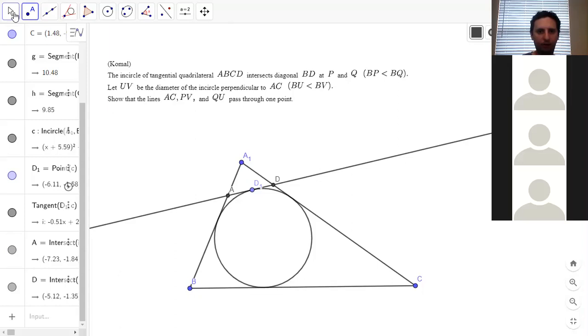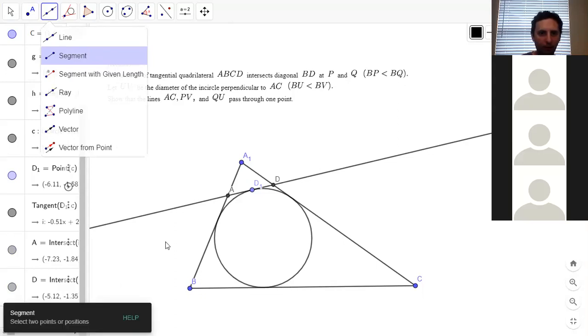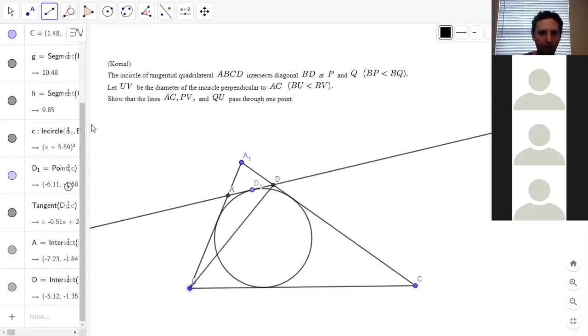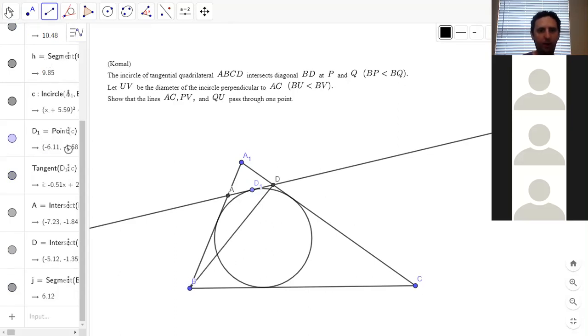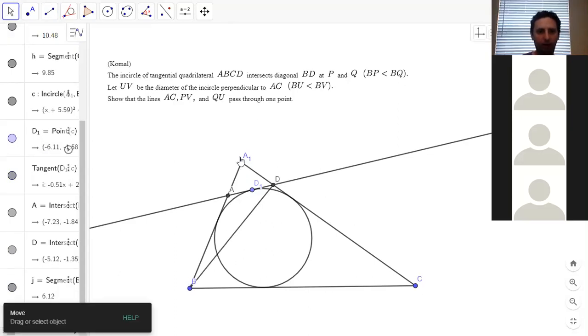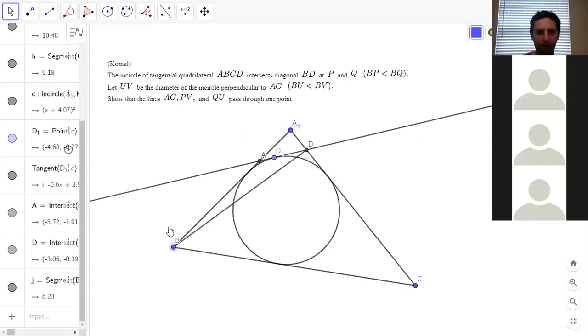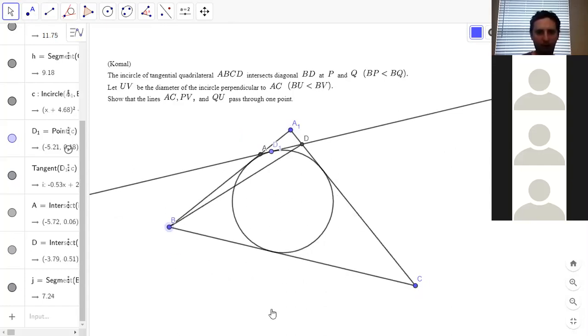I'm just going to draw the rest of the figure before I hide stuff. So P and Q. Maybe it would be better if I rotated it so that it's kind of like this.